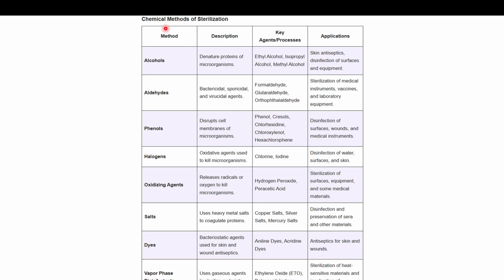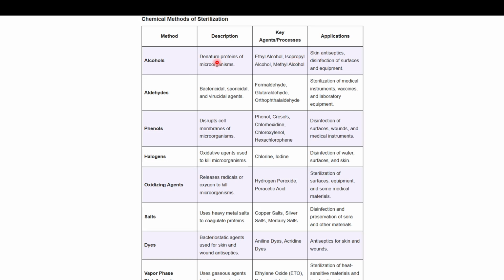Then there are a few chemical methods of sterilization. Alcohols denature proteins of microbes, like ethyl alcohol. Even for rupturing the cells, for DNA isolation or plasmid isolation or RNA isolation, we use a combination of chloroform and alcohol, right? So alcohol is actually a denaturing agent as well.